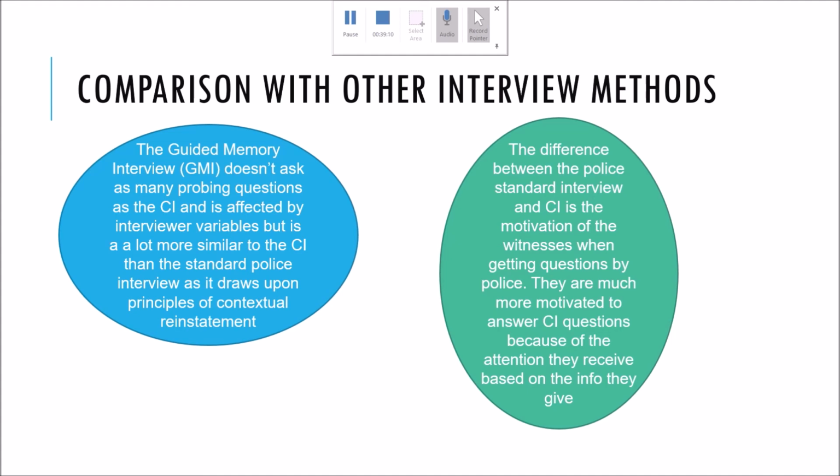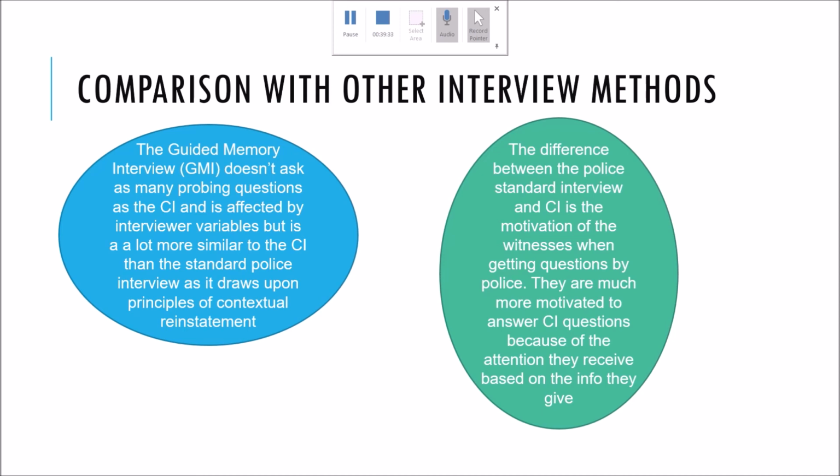So in other words, they essentially said that you couldn't compare this to establish how effective the cognitive interview technique is because the original standard interview is so different. So you can't really use that as a control. So instead we have compared it to other things. So there is the guided memory interview, or GMI.